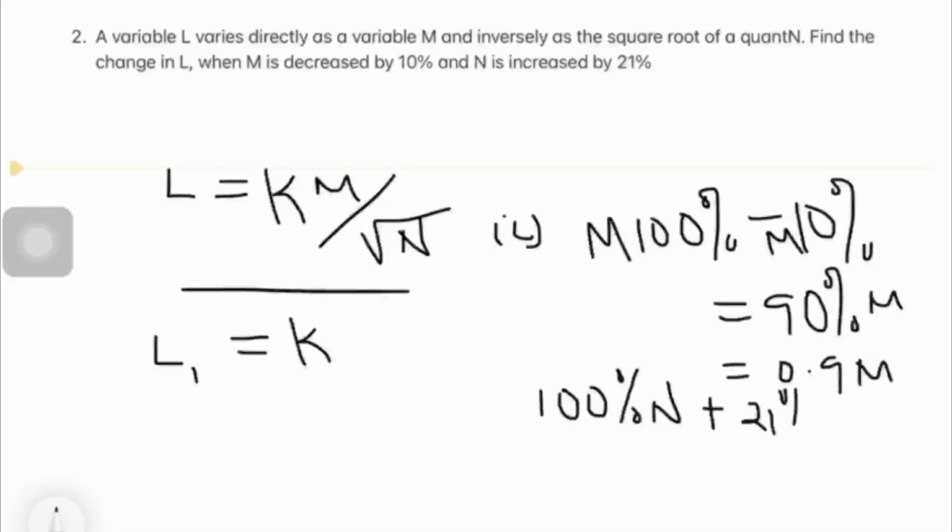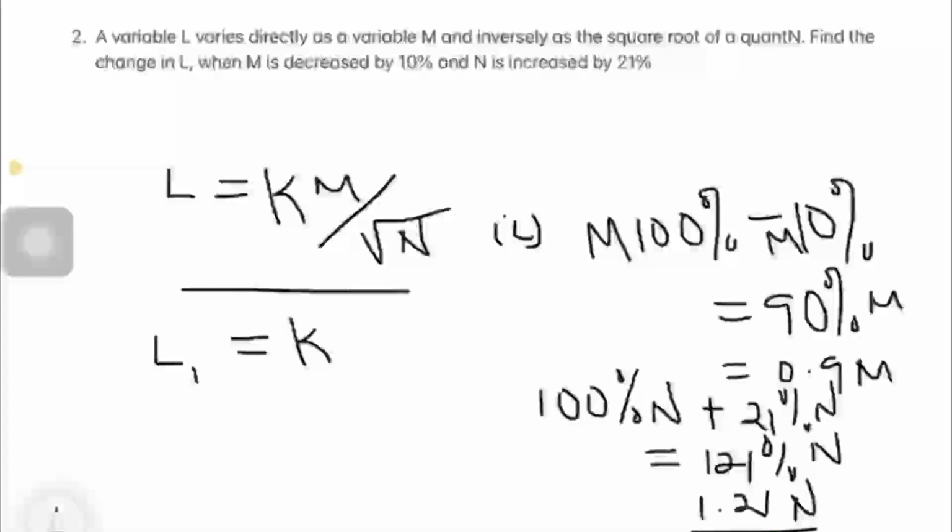You add 21% of that N, and this is 121% N, which is the same as 1.21 N. So these are the changes: 0.9 M and 1.21 N. And at this stage, maybe you can't tell whether the new L will increase or decrease. We'll find out after we work it out, right?